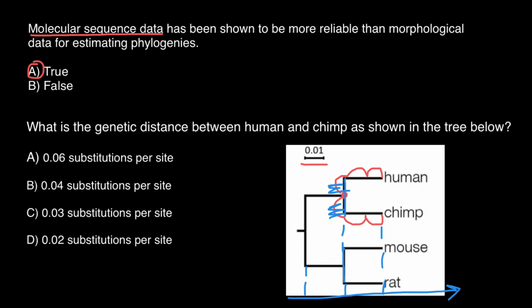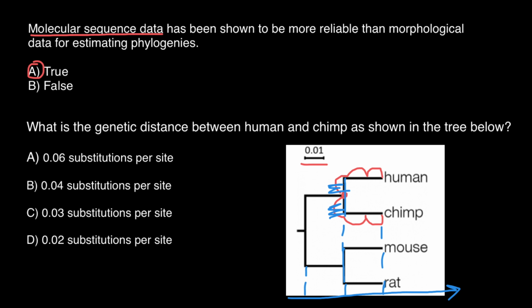But because these two species evolve independently, both of these lines would accumulate over the period of time certain mutations per site. It can be mutations on the DNA level, or we also can compare, for example, protein sequence.